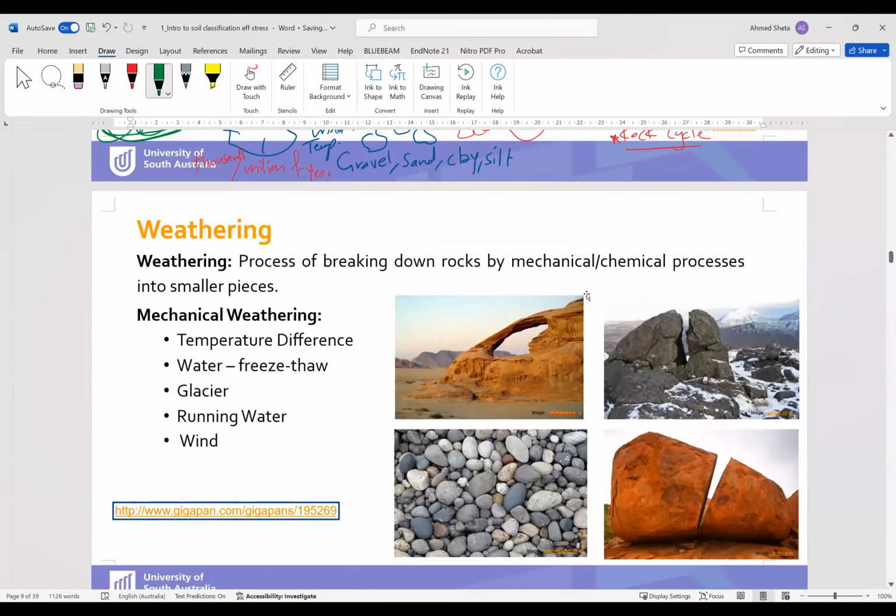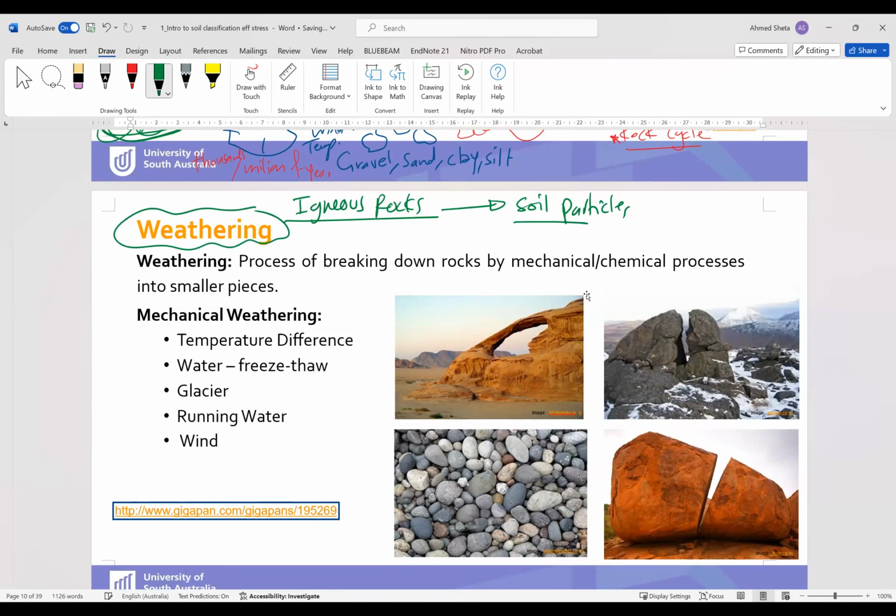Our common rock again is the igneous rock, and it is converted to soil particles by weathering. That's why we need to understand weathering. Weathering is the process of breaking down rocks by mechanical or chemical processes into smaller pieces.